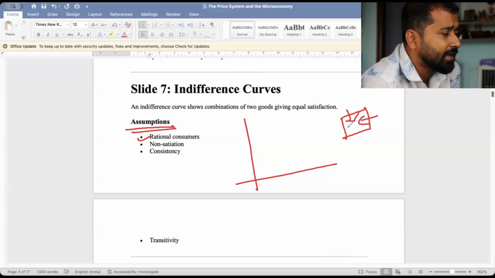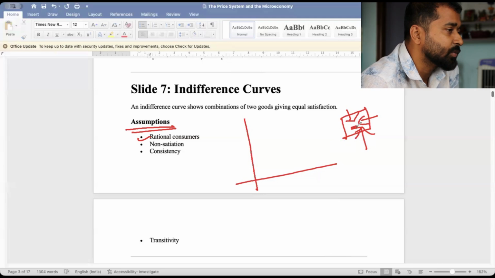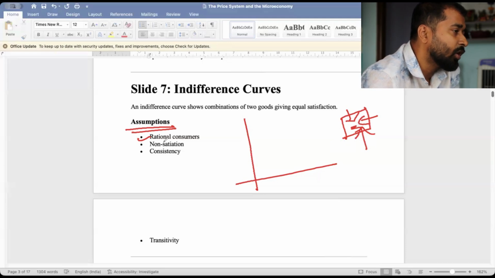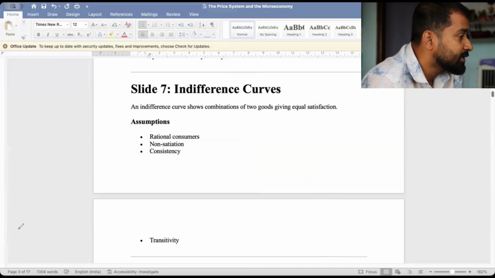Every day I order the same thing and consume it, but my satisfaction does not go down for this product. Why? My work is something else; I am not getting satisfaction by consuming those goods. So it is not a rational consumer. A rational consumer is definitely trying to get satisfaction.